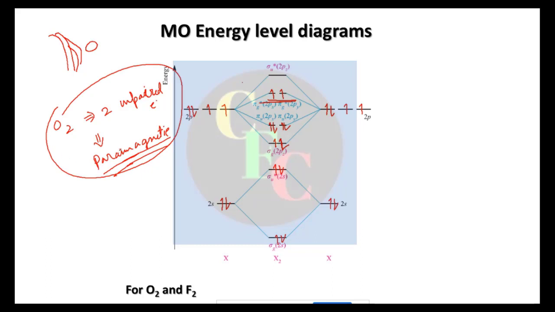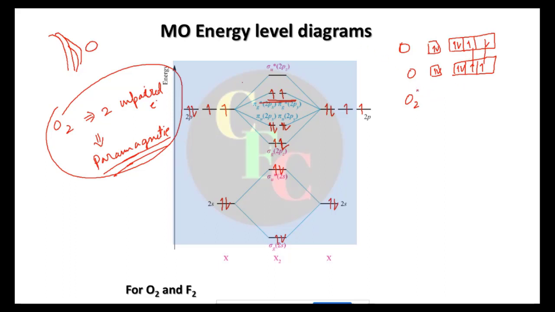This is one of the triumphs of molecular orbital theory over VBT. Valence bond theory said that oxygen is like this, and in the oxygen atom, the electrons are pairing up, right? Now in O2, all the electrons would be paired up.